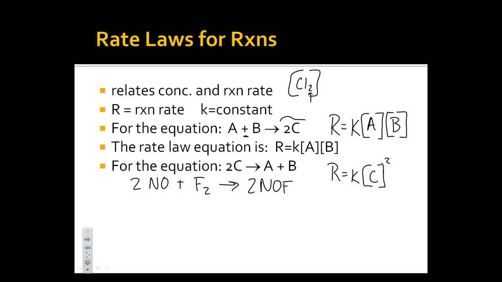Okay, so if I wanted to write the rate law expression for this one using actual chemicals instead of A's and B's, it would be R equals K times the concentration of my reactants multiplied together, raised to their coefficient power. The coefficient for NO is 2, so I would have to square that one, and it does go on the outside there. All right, so that's how you write a rate law expression.